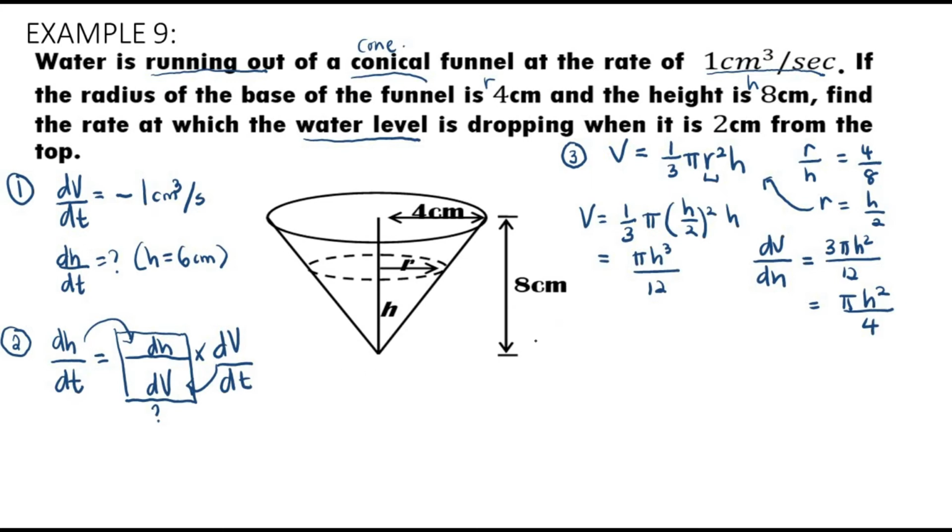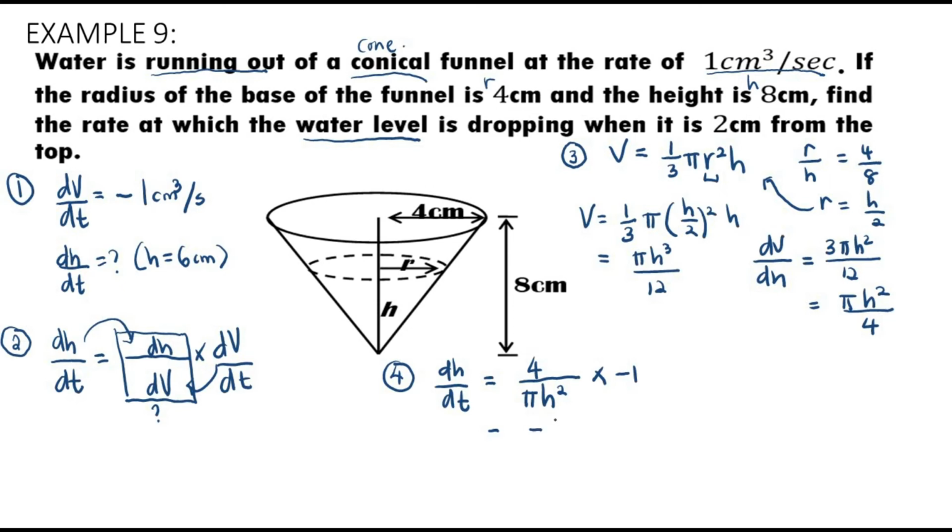Now we can proceed to our last step, step number 4, substitute into our chain rule. So what we have to find is basically our dH over dt. What we already obtained is dV over dH, but we want dH over dV, so just flip it over. So we have 4 divided by pi h squared times our dV over dt just now, which is negative 1.